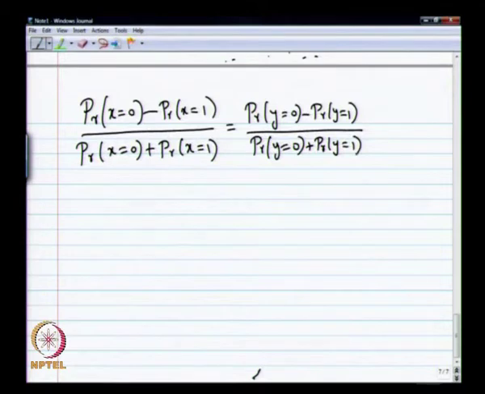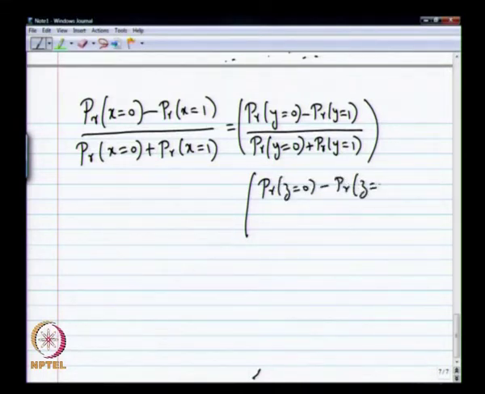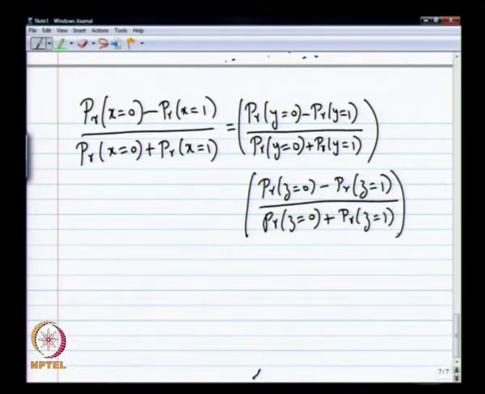So I should do that, this times probability of z equal to 0 minus probability of z equal to 1 divided by probability of z equal to 0 plus probability of z equal to 1. So what is the next trick to get to likelihood ratios? You have to divide numerator and denominator by probability of x equal to 1. Then you get towards likelihood.